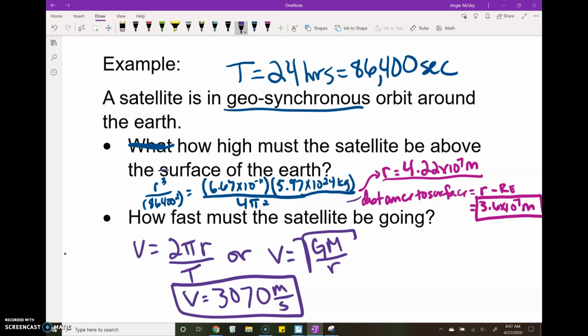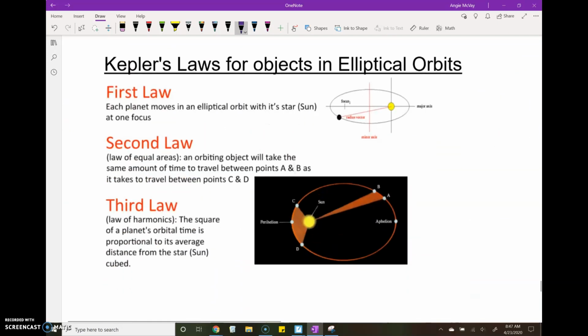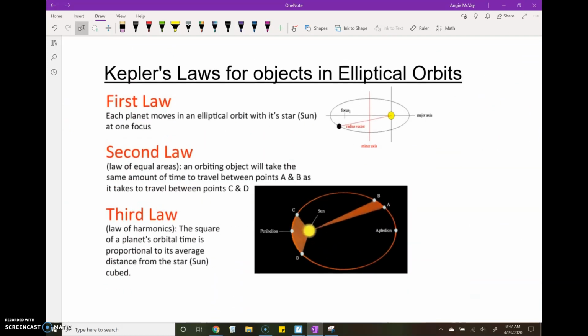Okay, so our friend Kepler, this is his third law that we've been talking about. He has 2 more laws. We really only need to worry about the third law. The first and second just say how an orbiting object's speed behaves when it's in an elliptical path.